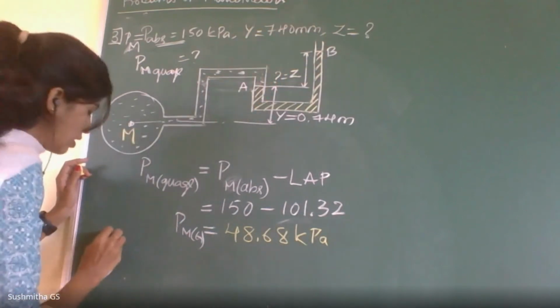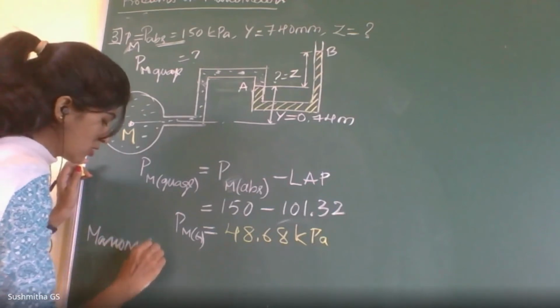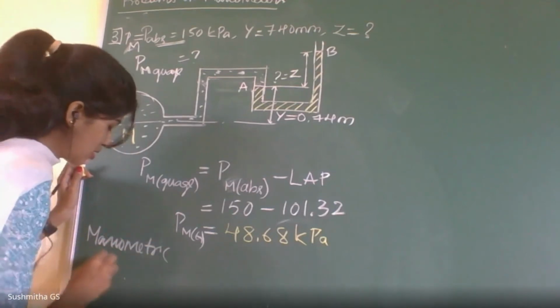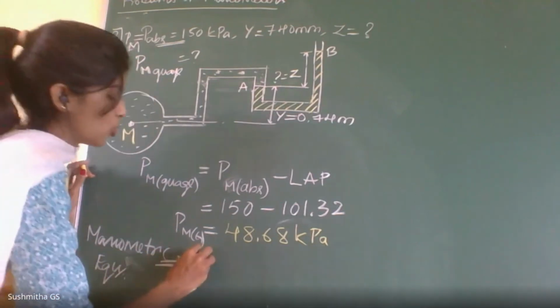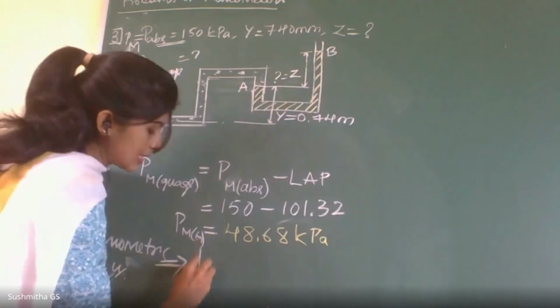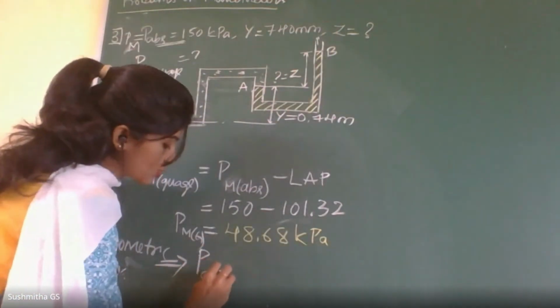So the manometric equation will be: pressure at point B is atmospheric because it is exposed to atmosphere. So P atmospheric.